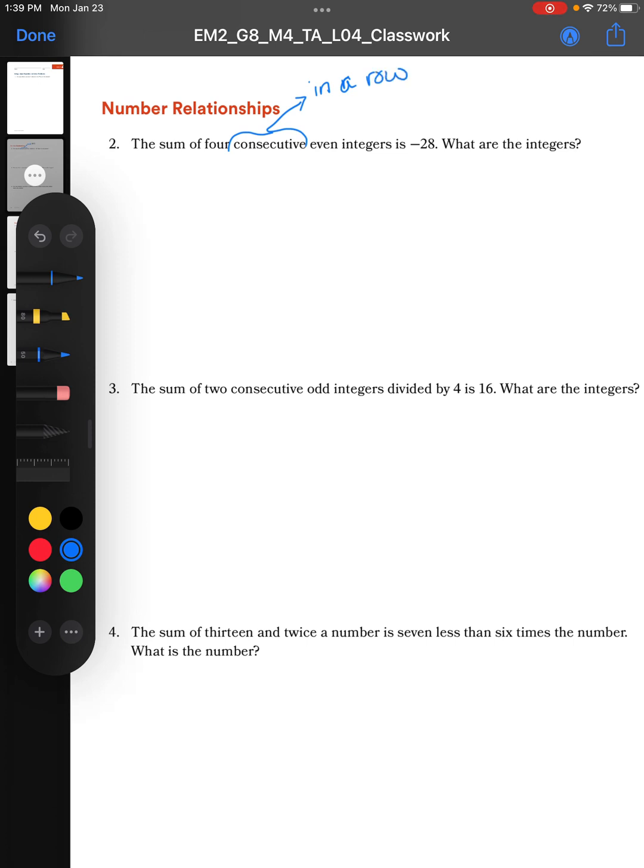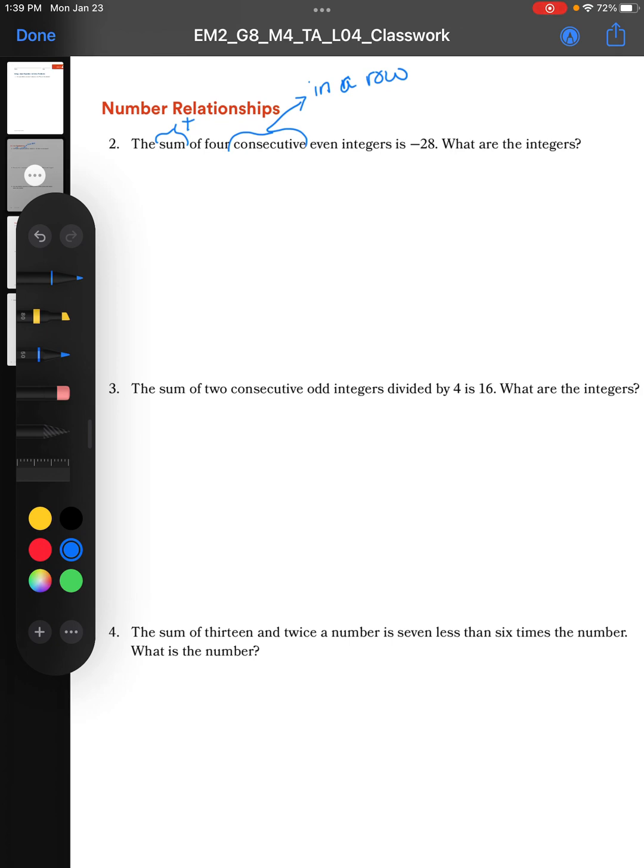So 4 consecutive even integers, we don't know what they are. 2, 4, 6, 8. They could be 10, 12, 14, 16, right? But in a row, they are 4 even integers. When you add them up, the sum, right, it's negative 28. So obviously we're going to have 4 negative numbers here.